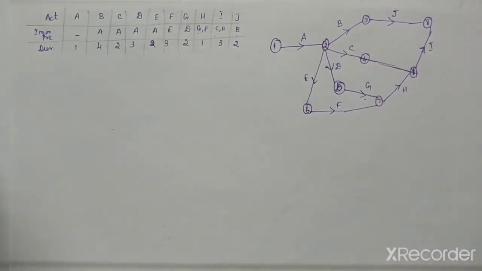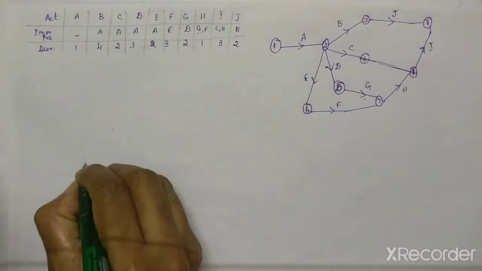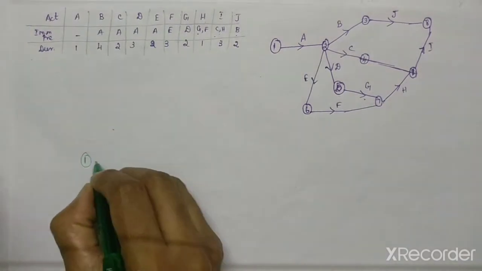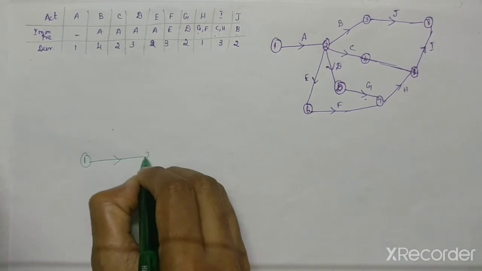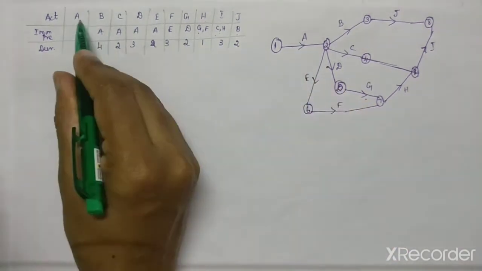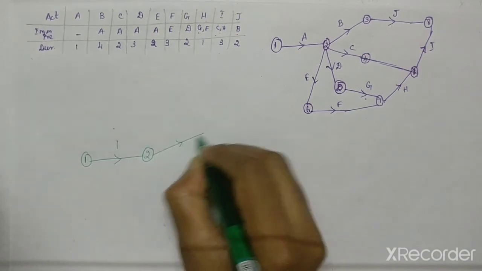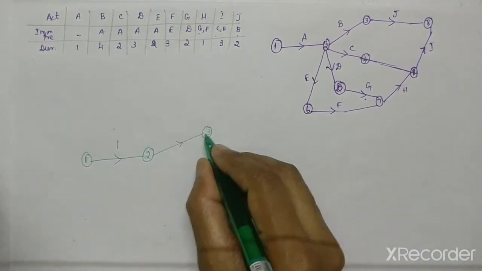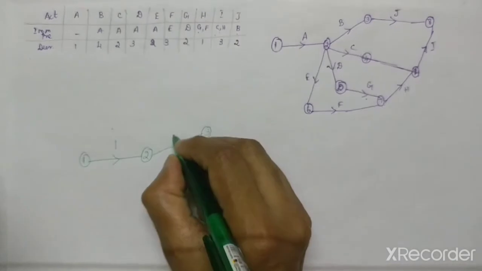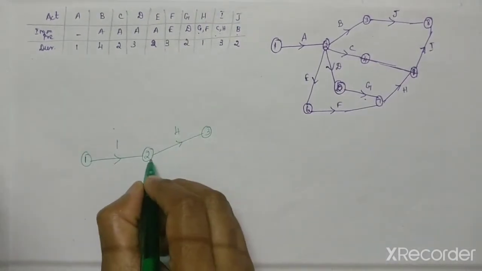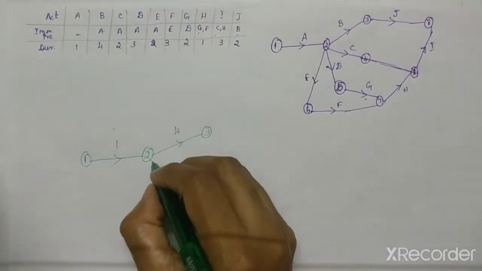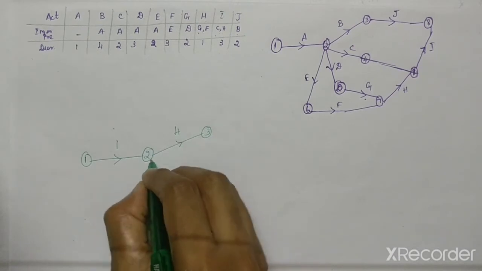So now we come with that one. So 1 to 2, that will be A. For A activity duration is 1. Next, 2 to 3 is B. So B activity duration is 4. First you have to draw the network, afterwards we substitute.